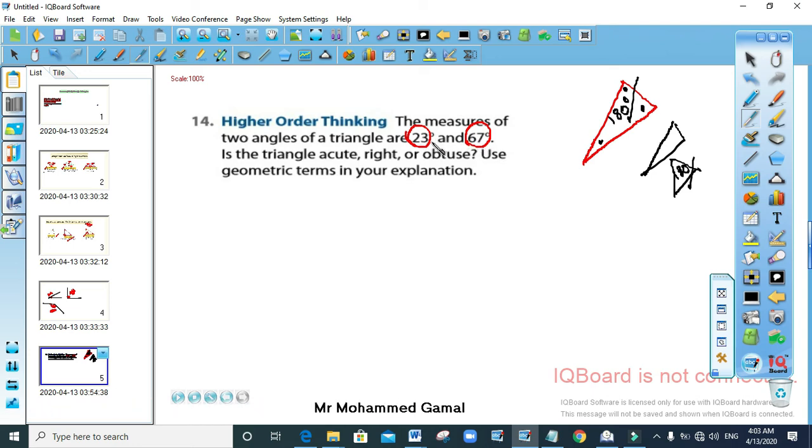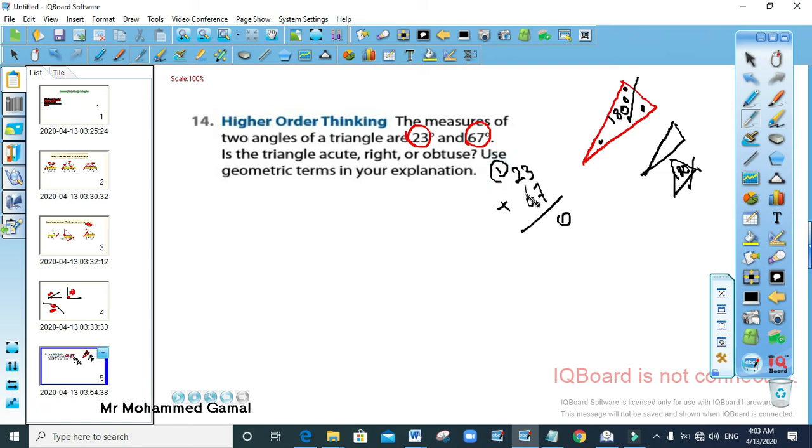We can easily get the third angle by first adding 23 and 67. 3 plus 7 is 10. Carry 1. 2 and 6 is 8, plus 1 is 9. So the two angles sum to 90 degrees.